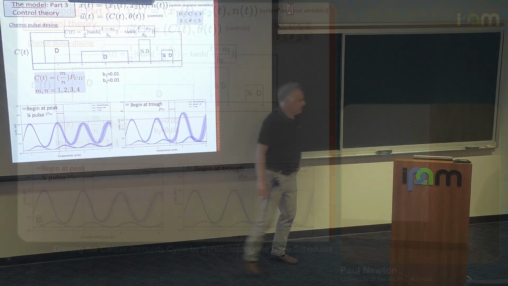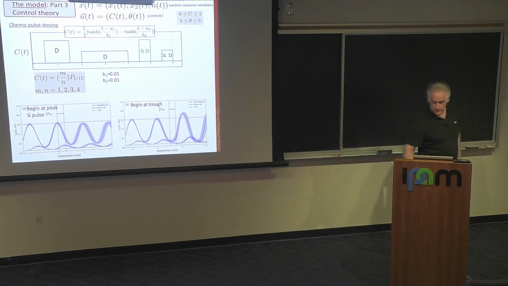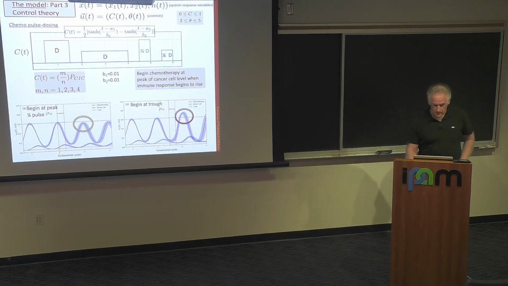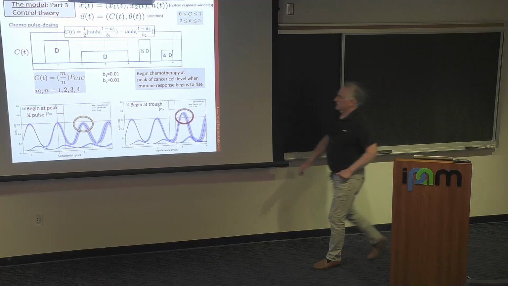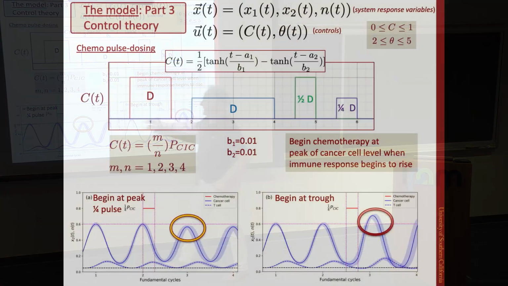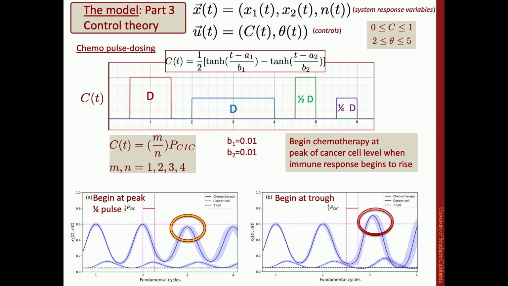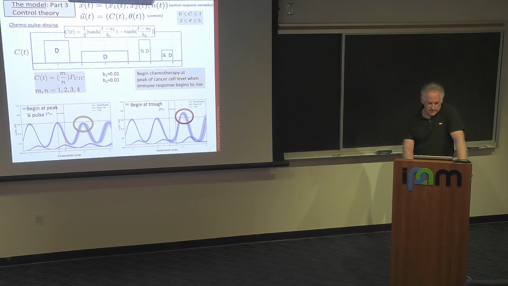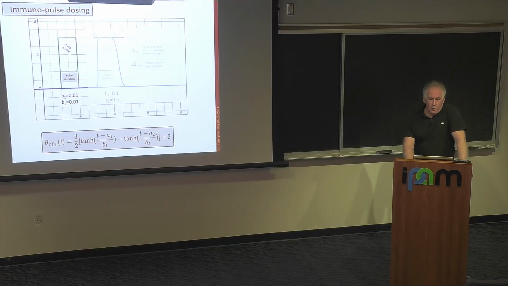Well, clearly, starting at the trough is better because of this. Sorry, starting at the peak is better because it has more of an effect after you're done with that pulse, all right? So things like that will be the kinds of tests we've done, thousands of different kinds of tests. And as you can imagine, there's lots of different combinations and tests you can do. So let me now keep going.